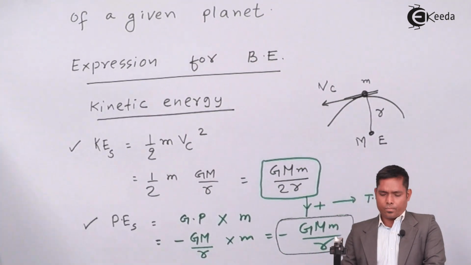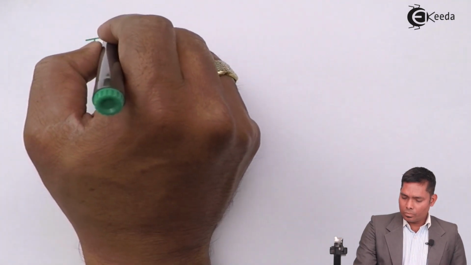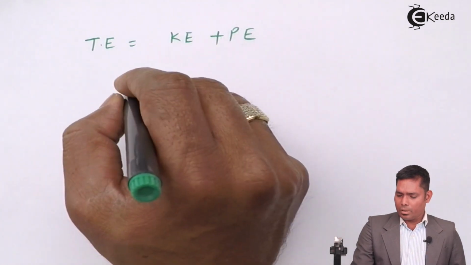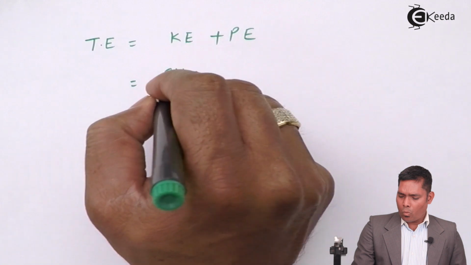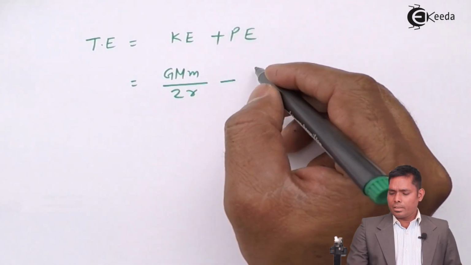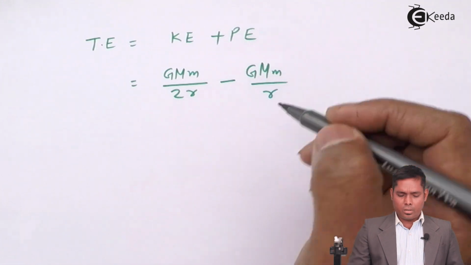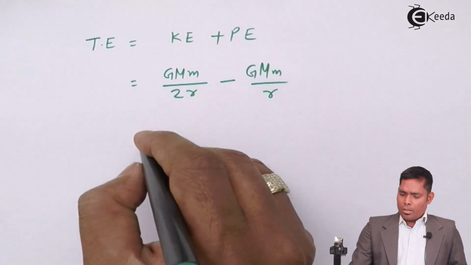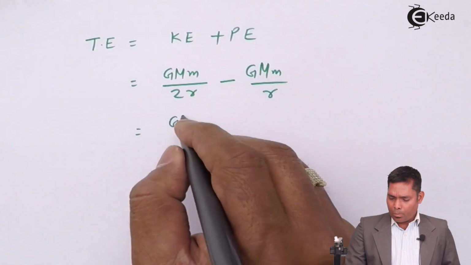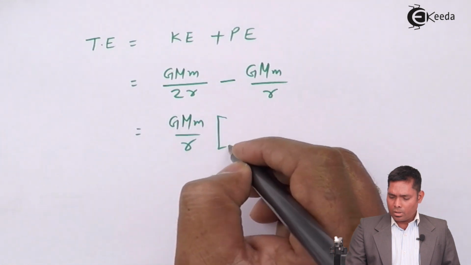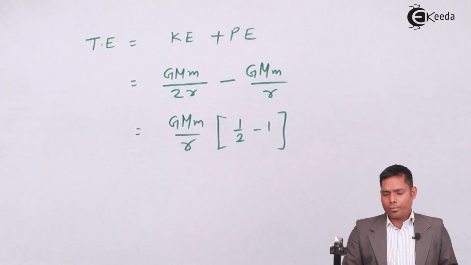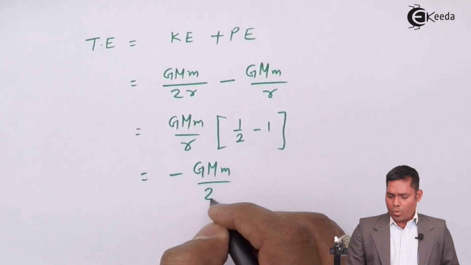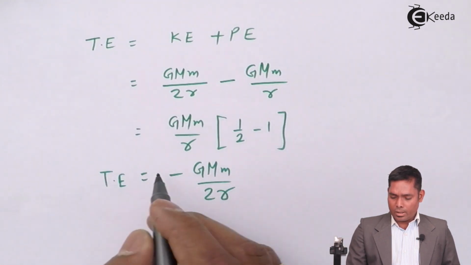Total energy is the sum of KE plus PE: G M m over 2R minus G M m over R. Taking GMm over R common, this is half minus 1, which is minus half. So it is minus G M m over 2R. This is the total energy.